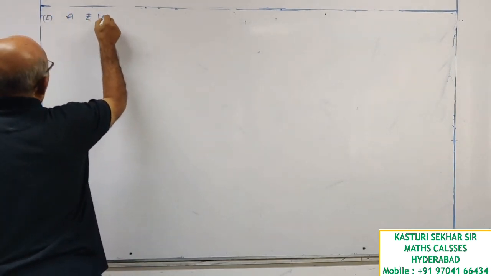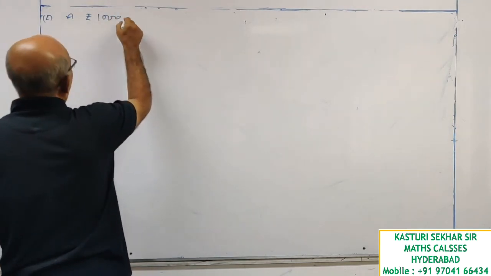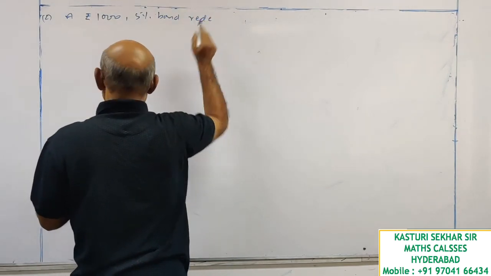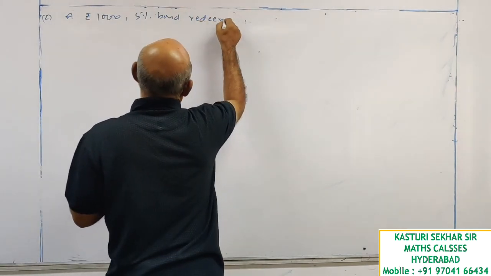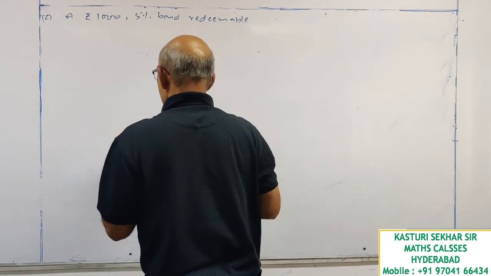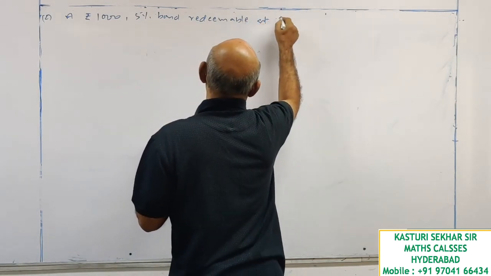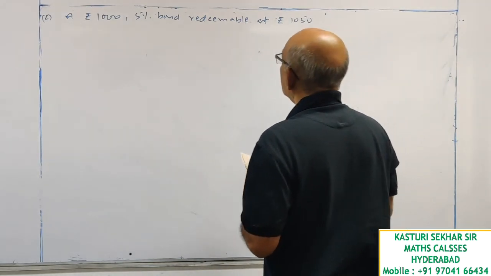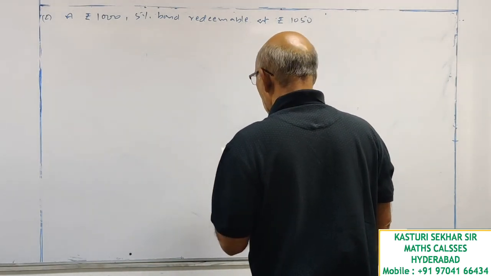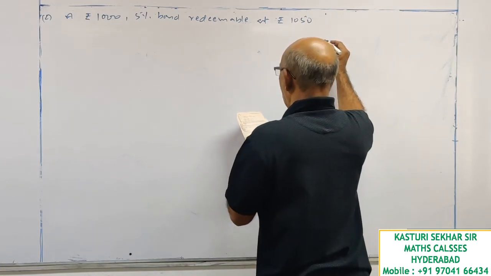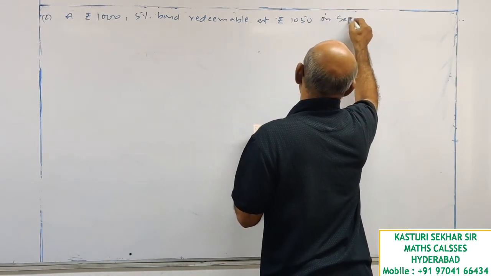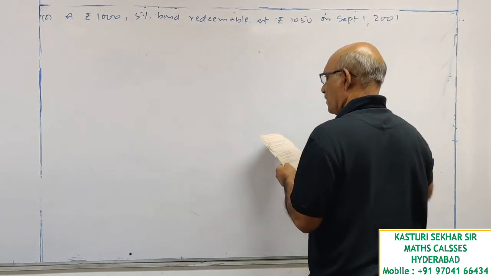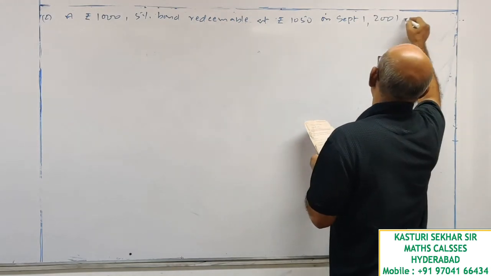A rupees 1000, 5% bond redeemable at rupees 1050 on September 1st 2001.